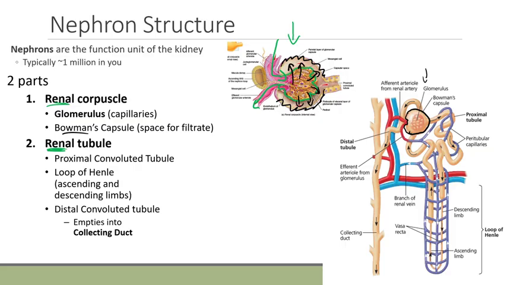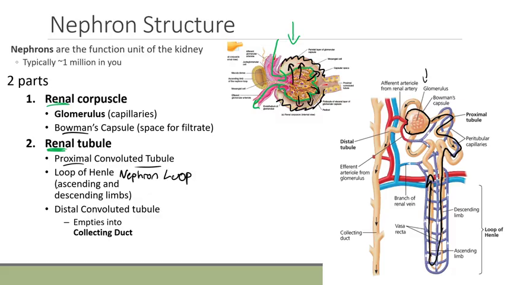The renal tubule is made out of a few different parts. The proximal convoluted tubule, sometimes also just called the proximal tubule. Then it's going to go from there down and then back up what's known as the loop of Henle, or just the nephron loop.